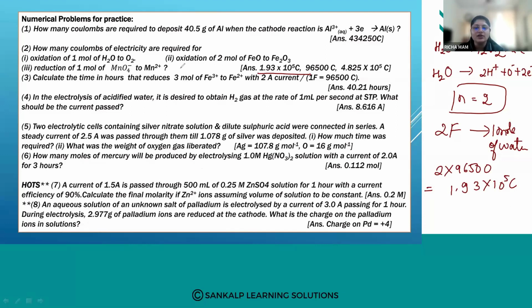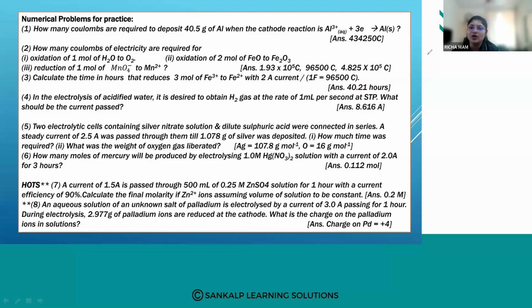Okay, fine. Next question. Oxidation of 2 moles of FeO to Fe2O3. How will you solve this?